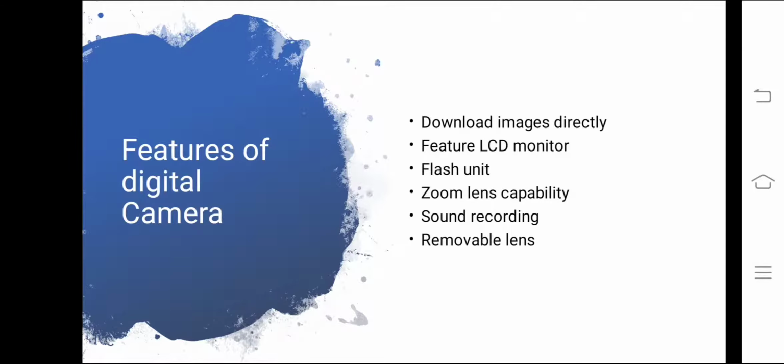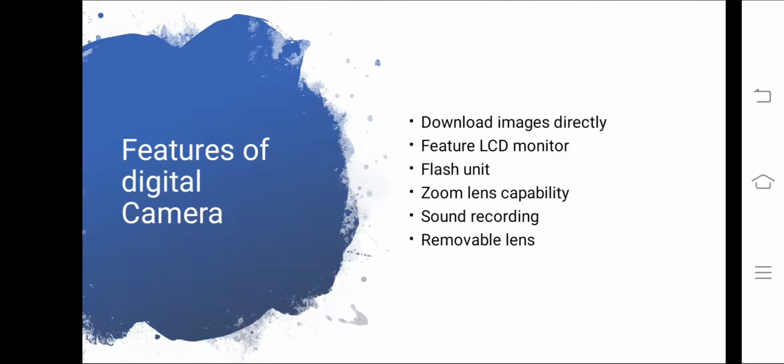It becomes an instant viewfinder of the camera, or you can use it as a medium for the menu, as a playback of the picture, or as a preview monitor.